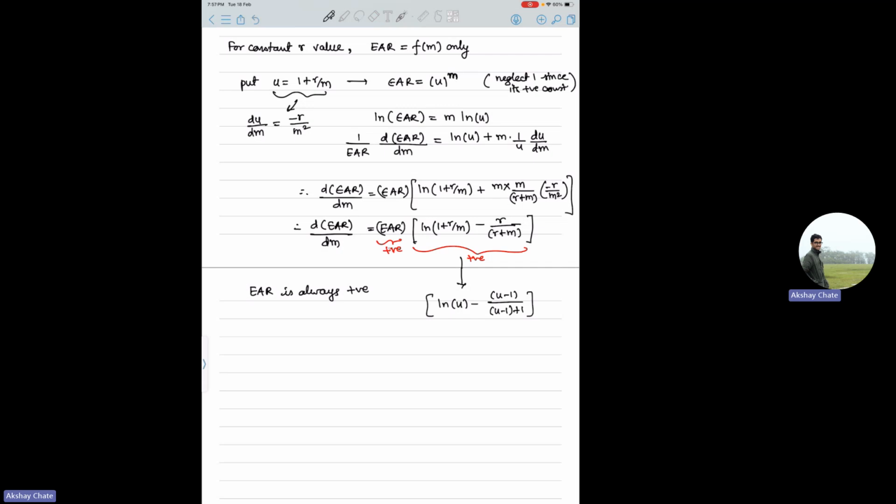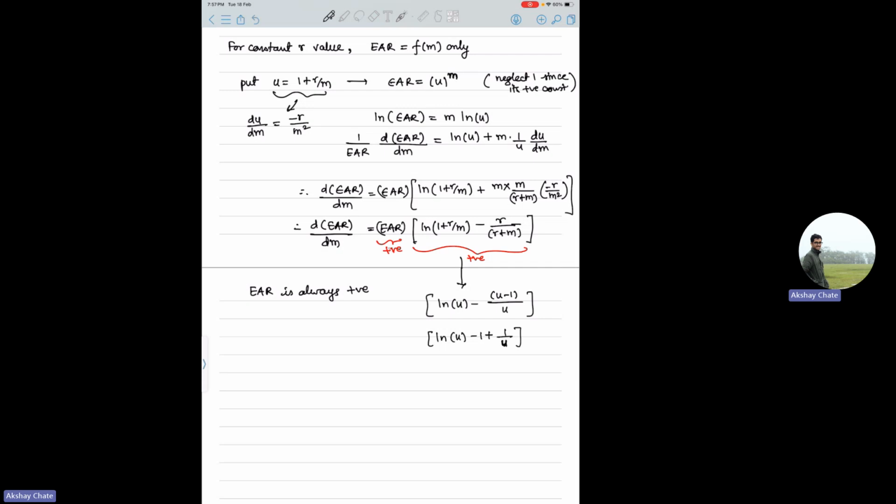R by M is U minus 1. So in that case, you just have U here. In that case, you have ln of U minus 1 plus 1 by U. Correct, no? Yeah, now it makes sense, right?